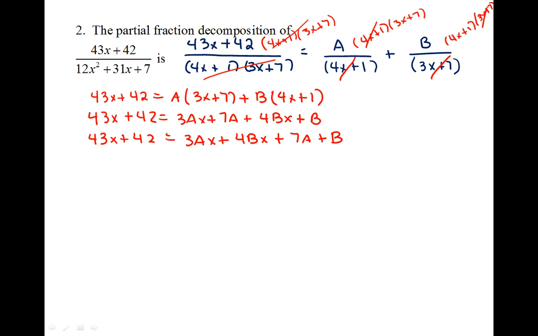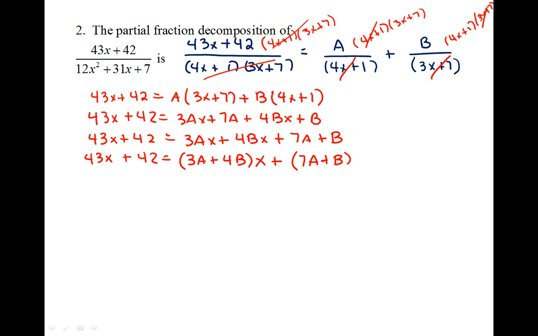And now notice, if you look at your 3ax and your 4bx, I'm going to factor out that x. So 43x plus 42 is going to equal 3a plus 4b, I'm going to factor out the x and put it on the outside, and then your constant is 7a plus b. Okay? So now notice your 43 here must equal your 3a plus 4b because that's your x term.